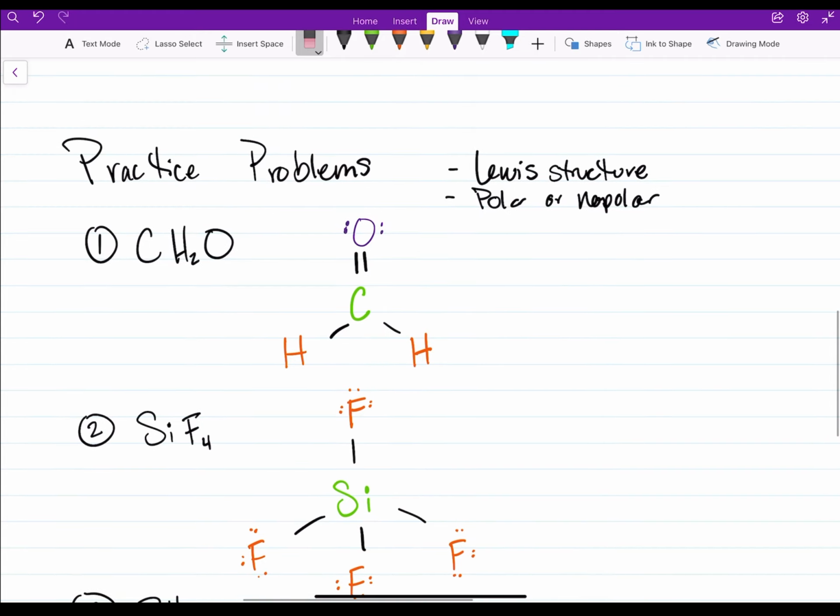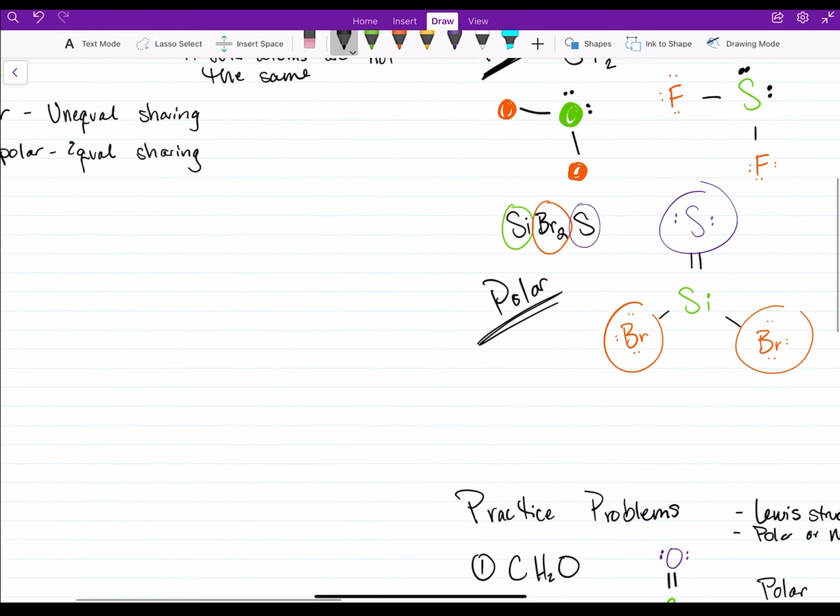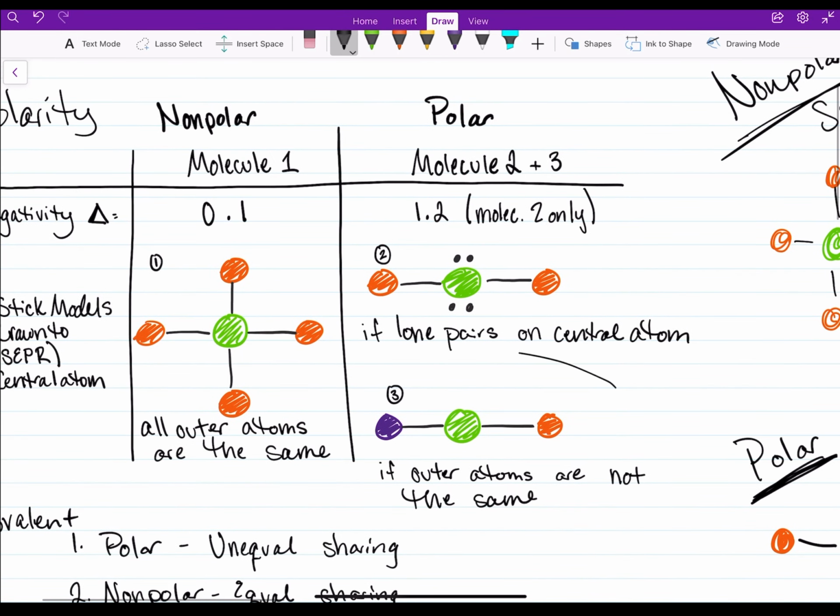Okay, let's go over if these are polar or non-polar. For CH2O, we have different atoms going on the outside. Whenever we have different atoms here, this tells us we have a polar molecule. So just like in our chart up here, molecule number 3, that would be our example to follow. Let's keep going.